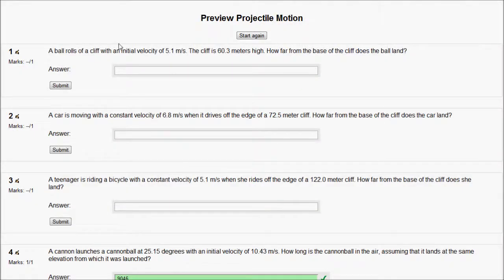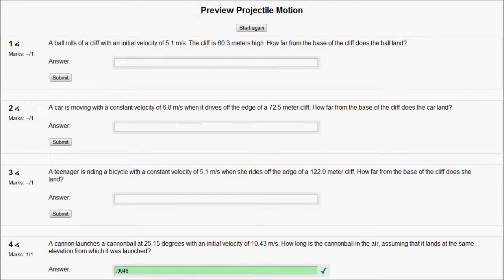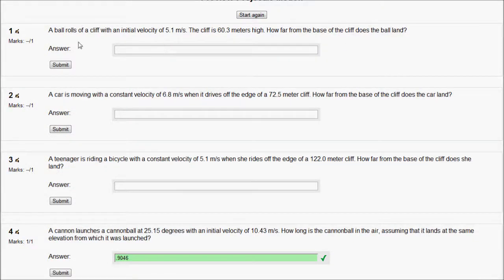The rest of these are a whole lot more similar to the examples that I worked in the previous video. I'll talk about each a little bit. The ball rolling off a cliff. I don't know how far away from the base of the cliff the ball lands. You just find t in the y direction, and then use this velocity times t to find the displacement in the x direction.